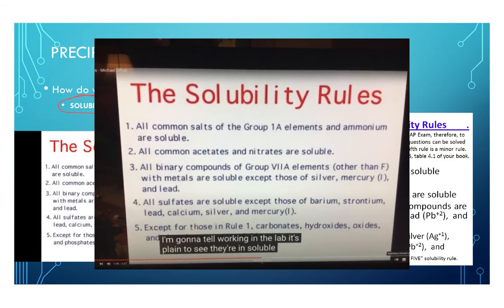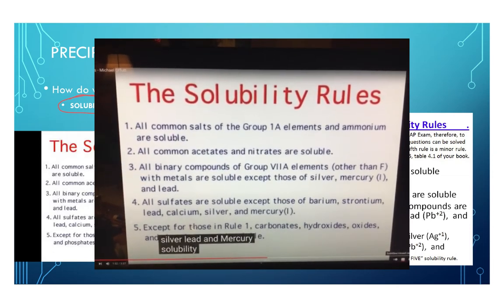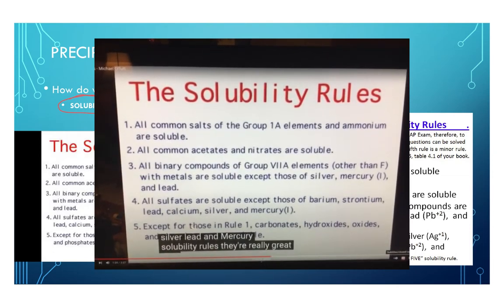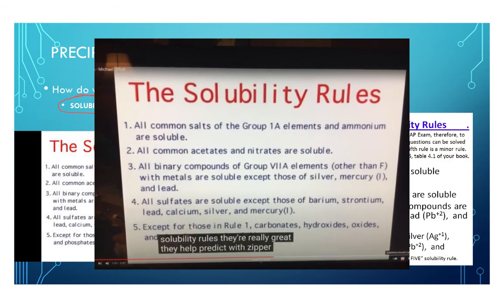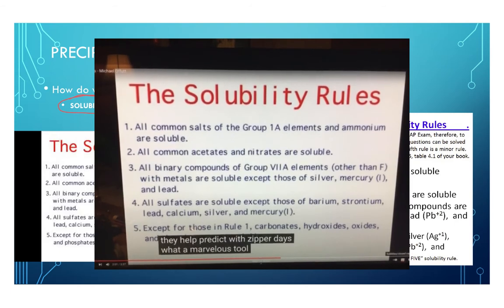They're insoluble with silver, lead, and mercury. Solubility rules, they're really great. They help predict precipitates. What a marvelous tool.